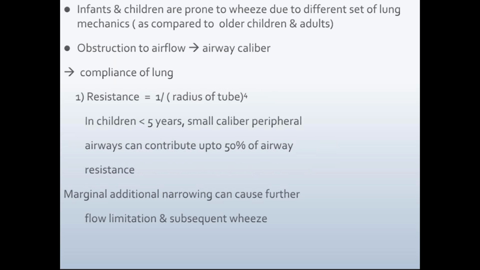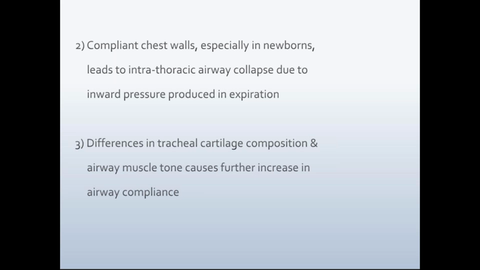These 3 points are the physiological reasons why children less than 5 years or infants are more prone to wheeze: the diameter changes, the chest wall compliance, and the tracheal cartilage composition.